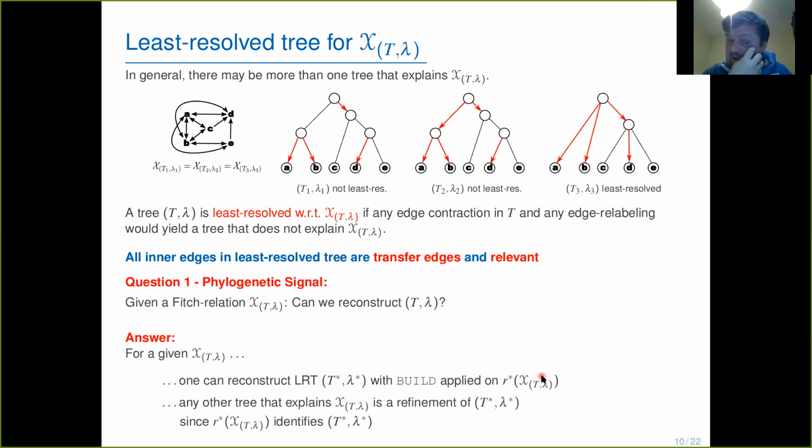We know this tree is unique, and any other tree must be a refinement of this particular least resolved tree. So this is the information that we get: a least resolved version of our original tree. This is the phylogenetic signal that is contained in this particular Fitch relation.